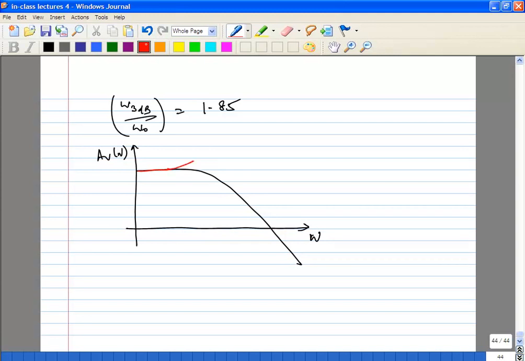Eventually your zero starts to add some, increasing the magnitude response, and then it goes down. So if the original bandwidth was omega naught, your new 3 dB bandwidth is going to be 1.85 omega naught.